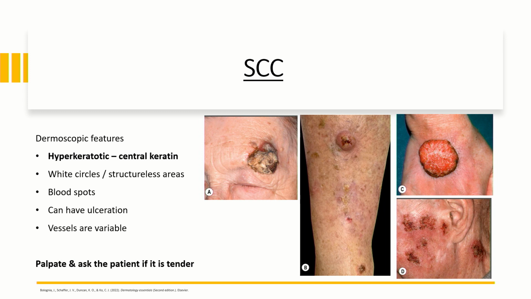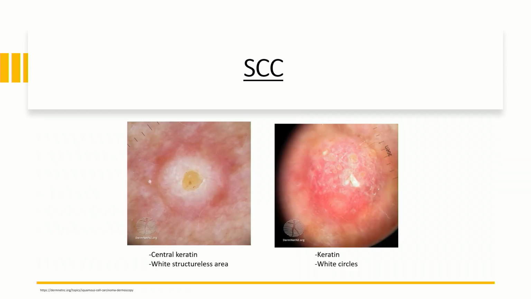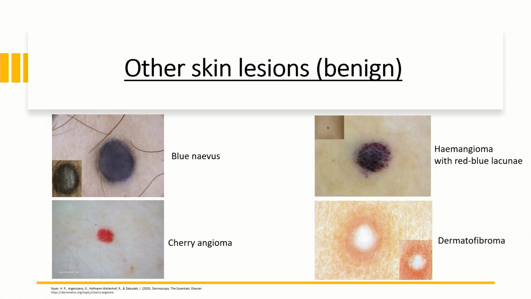If it's tender, you do worry about it, and normally just let us know, and we'll do a biopsy because we want to rule out SCC or BCC. So this is what it looks like. The central keratin: under the dermatoscope, a keratin plaque is yellow in color. And again, you see this keratin over here and the white circles that were previously mentioned. So these are all SCCs.